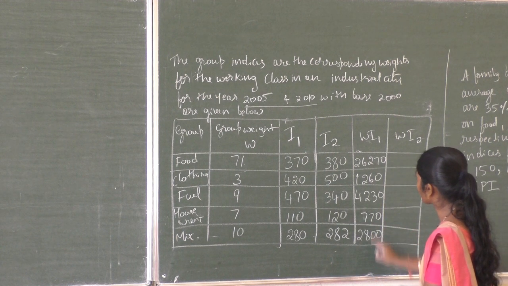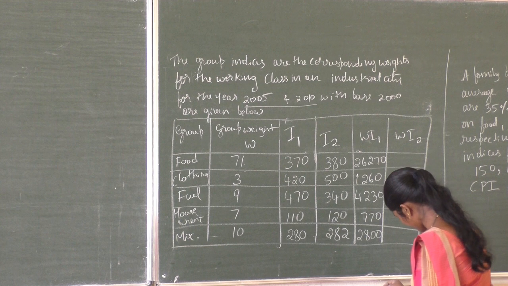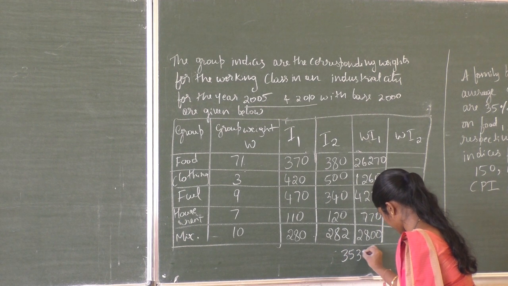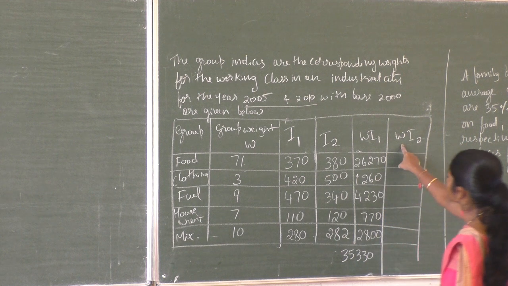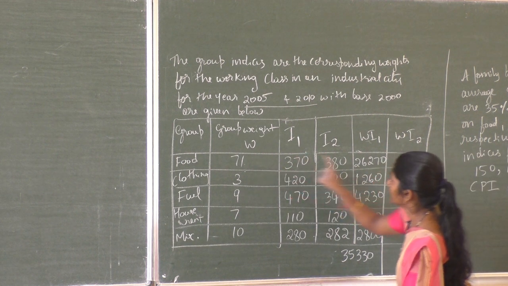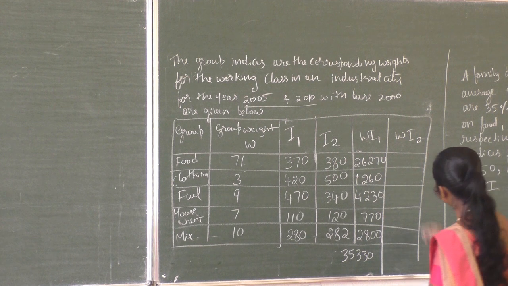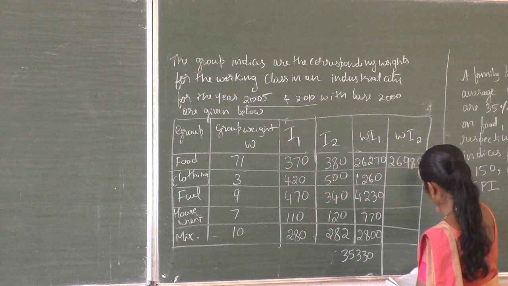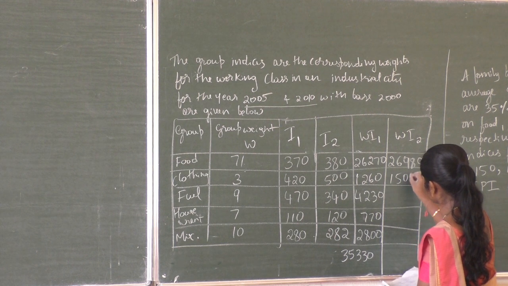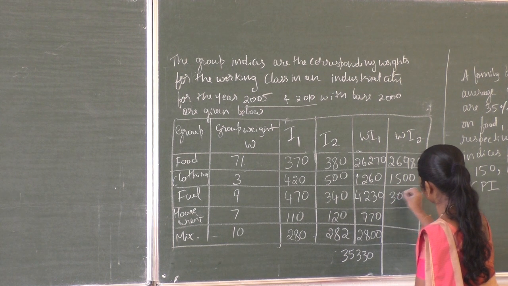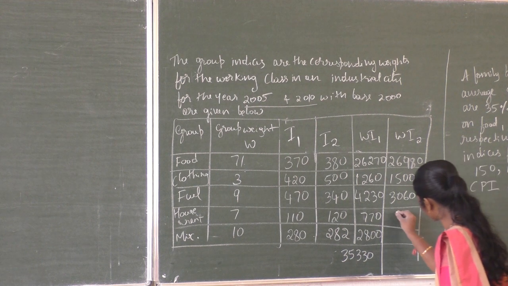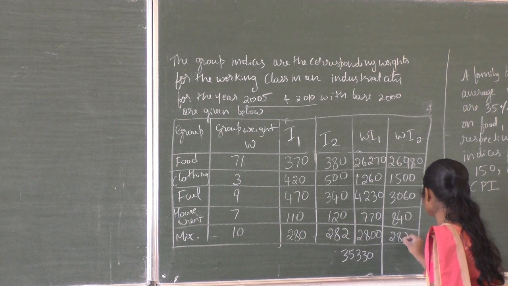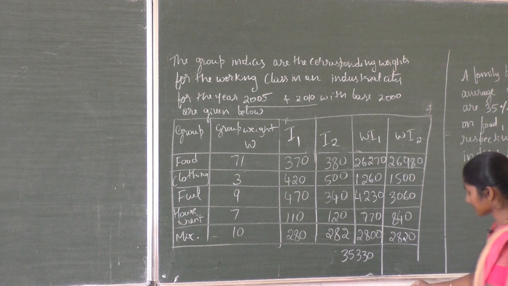Here the total value, add all the values, we get a total answer of 35330. Next, W into I2, multiply this one, and add all these values, and that is our answer.